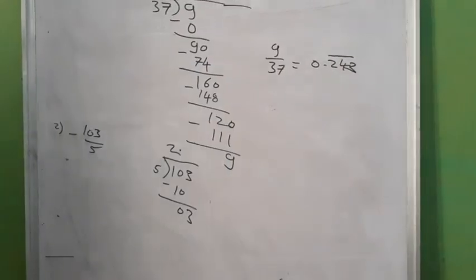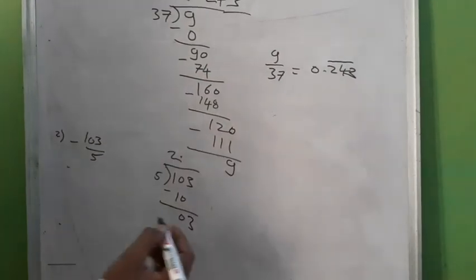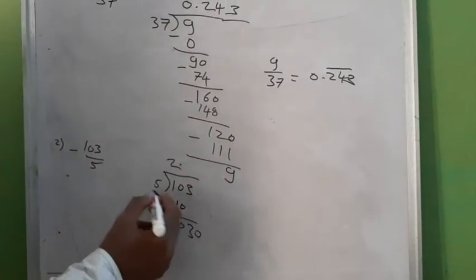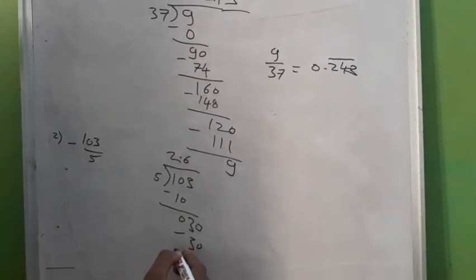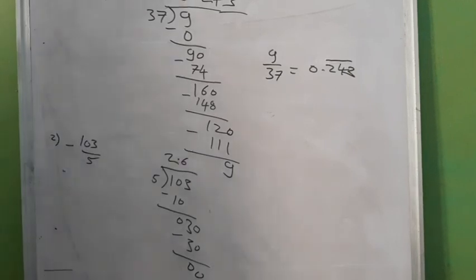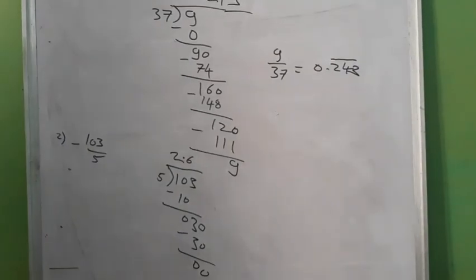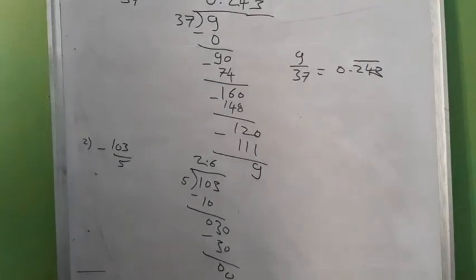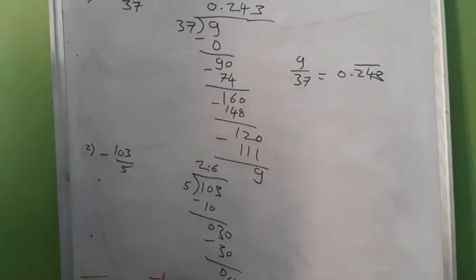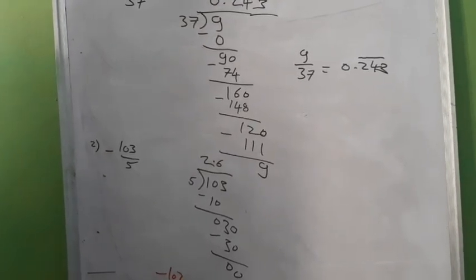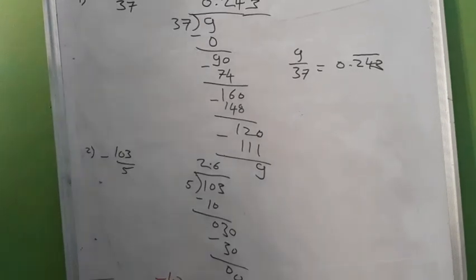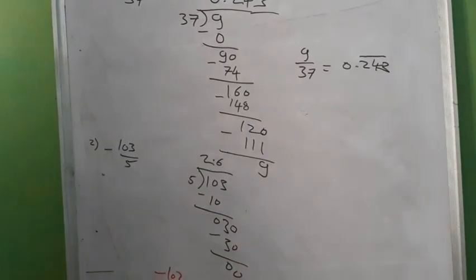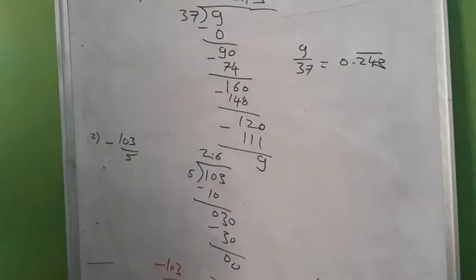You know that after the decimal you can take any number of 0s. 5 6s are 30. Here, what is your answer? Our answer is minus 103 upon 5 equal to minus 20.6. Why? Because our question included a minus sign.